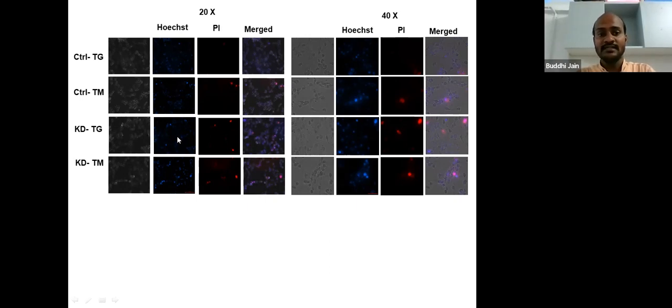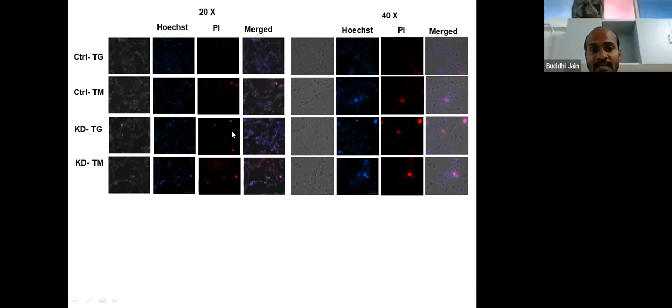So we can clearly see that in SG2NA knockdown cells treated with thapsigargin and tunicamycin, the number of Hoechst and PI stained cells is higher. It means that if we treat control cells and SG2NA depleted cells with thapsigargin and tunicamycin, there is a difference in cell viability. So SG2NA is playing some role in cell viability under ER stress condition.